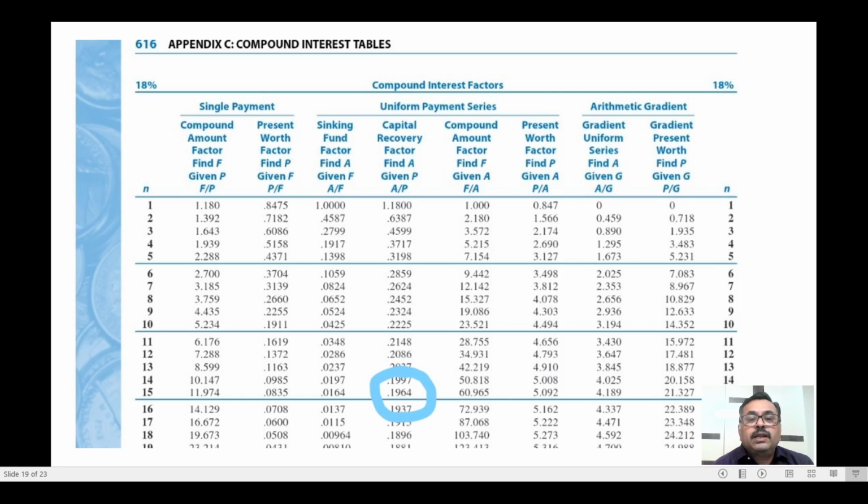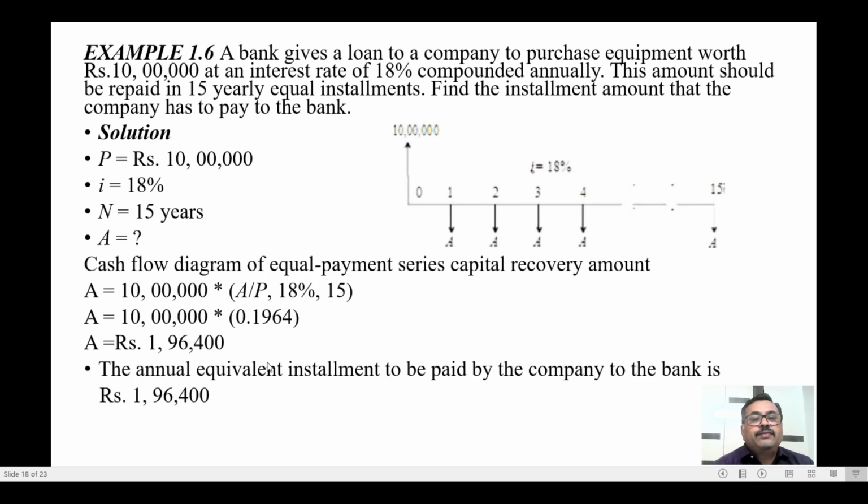If you take this particular thing, the factor is 0.1964. This we have taken here. 0.1964 multiplied by 10 lakh is 1,96,400.